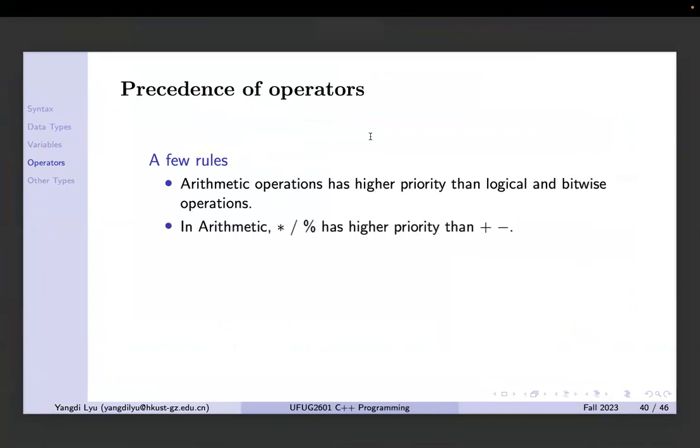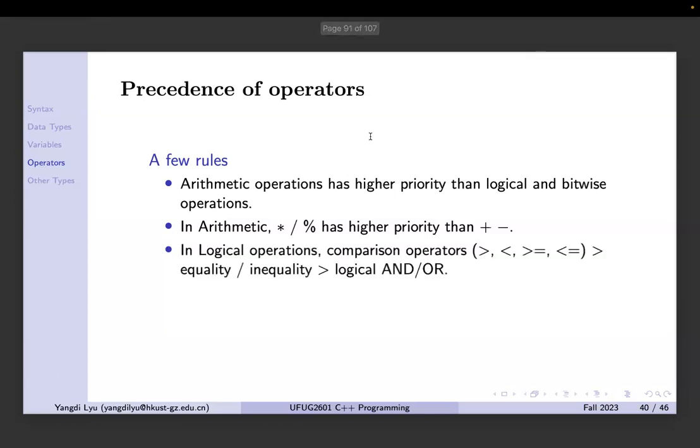Inside arithmetic, divide and multiply have higher priority than plus and minus. That is exactly the same as the common sense we have learned in class. And among logic operations, comparisons such as greater than, equal, or inequality have higher priority than logical and, or.